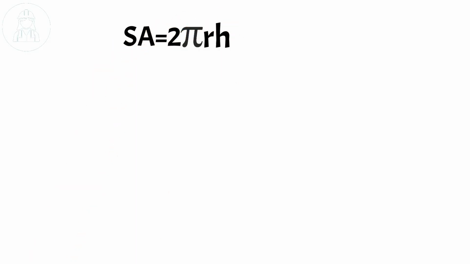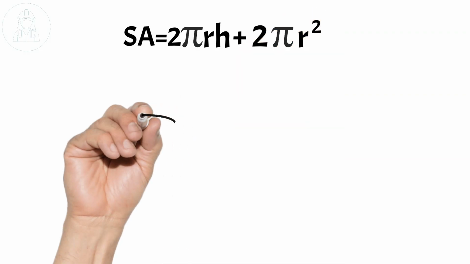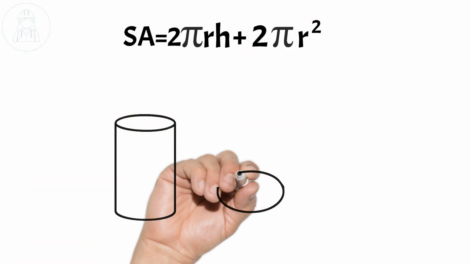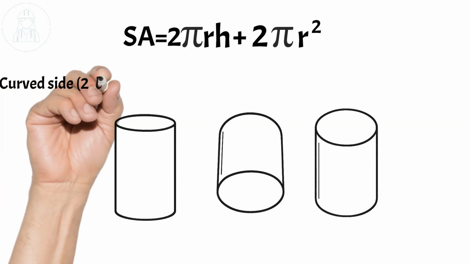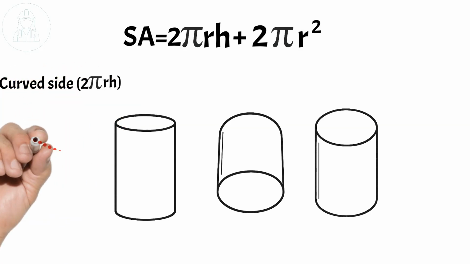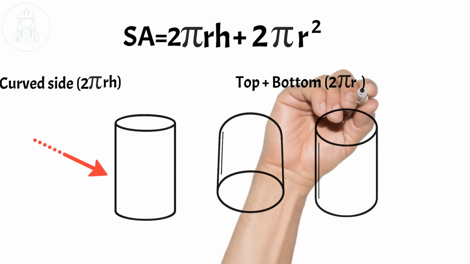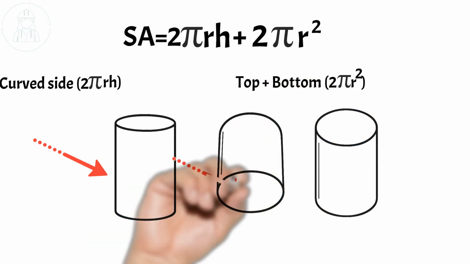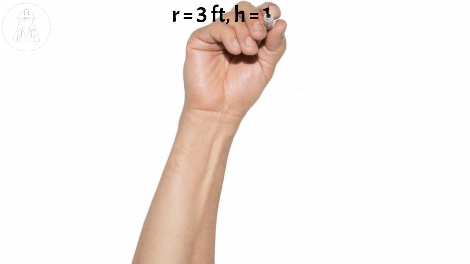Now, the formula for surface area of a right circular cylinder is SA equals 2 pi r h plus 2 pi r squared. The 2 pi r h is the lateral surface area, the curved side. The 2 pi r squared is the two circular ends, the top and the bottom.